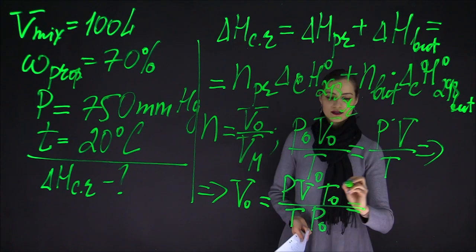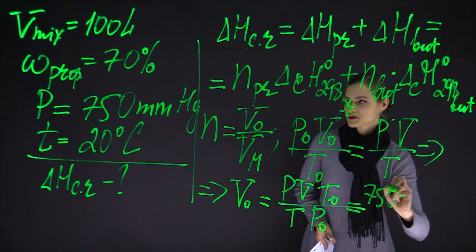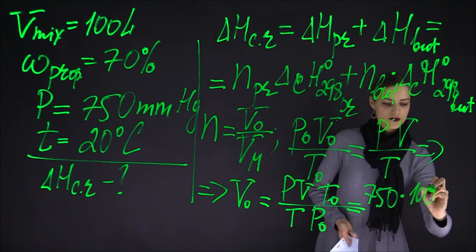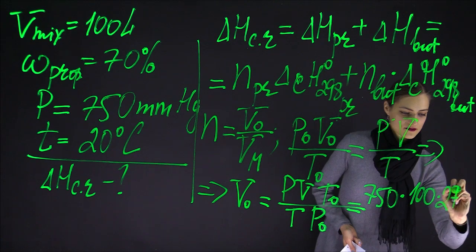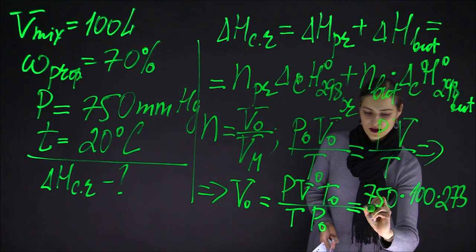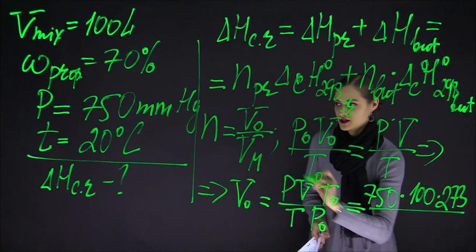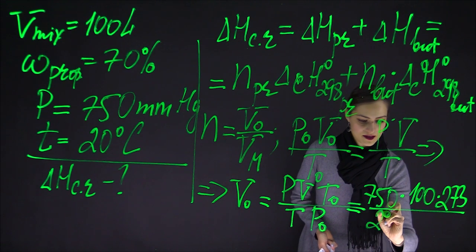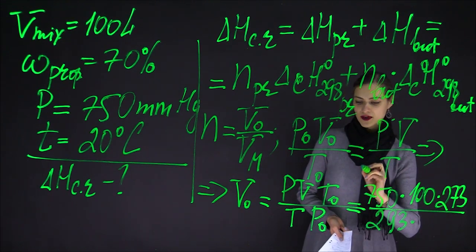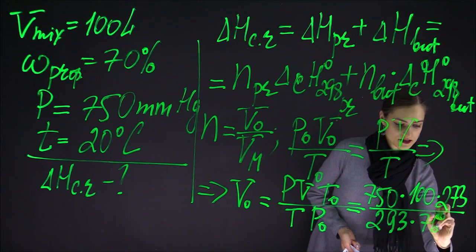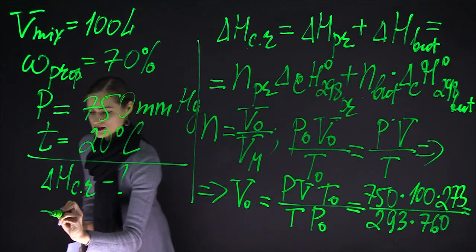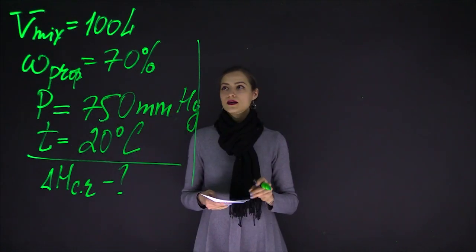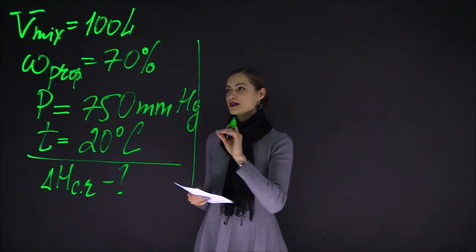So what we have: 750 multiplied by the volume 100 liters, multiplied by the temperature 273, over the temperature. We need to write it in kelvins, so 293, and the atmospheric pressure, 760. And it gives us 92 liters.